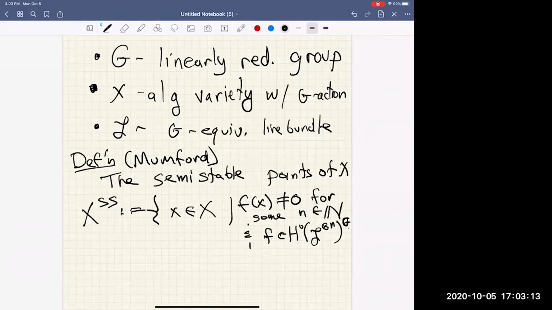Sorry, G invariant section. Okay, and so this is part one of this definition.